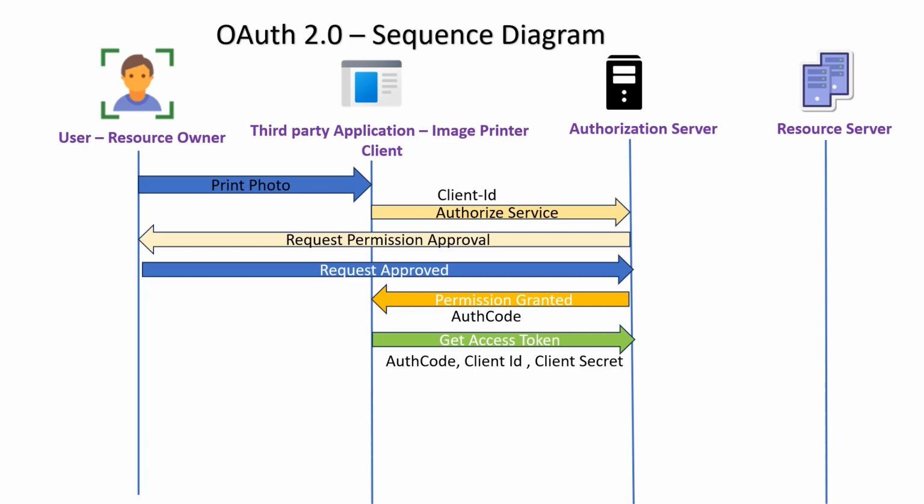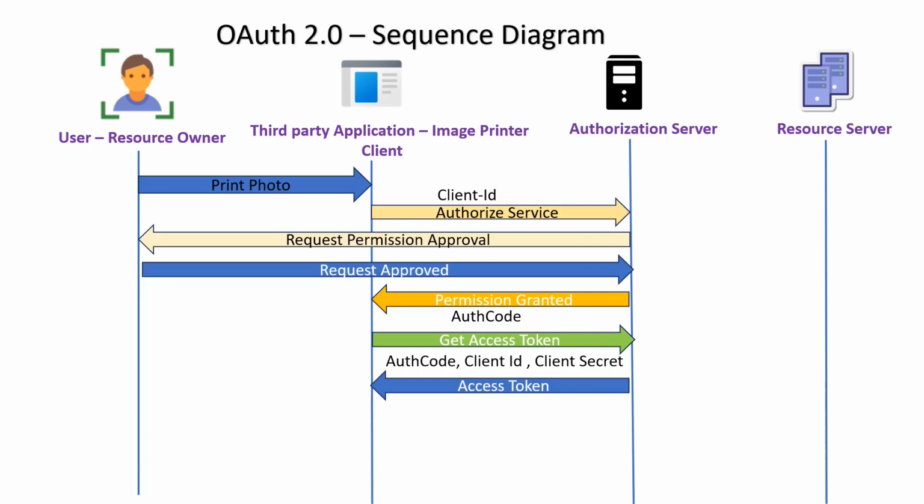Based on the auth code which it received in the previous call from the auth server, along with the client ID and client secret, it will send a request for the access token. After the auth server verifies all these details, it will send back the access token to the third-party application.